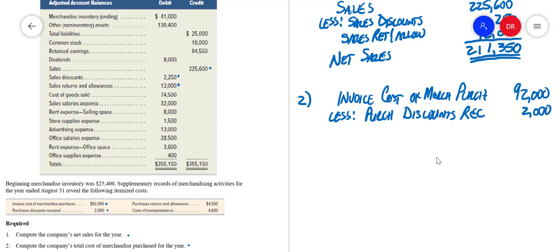And then we're going to also deduct purchases returns and allowances. Now with an inventory system we won't call it this, but that's what these are. We're not going to have a separate account, but we're going to basically follow these steps to calculate the net purchases or the total purchases. So this is going to be $4,500. And these two are subtractions, and now we're going to add the cost of transportation in, which is the freight cost that we paid.